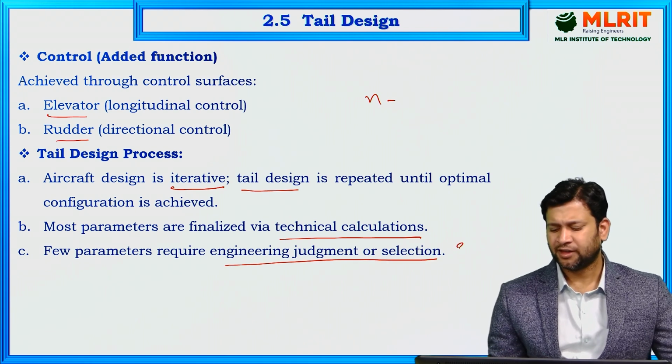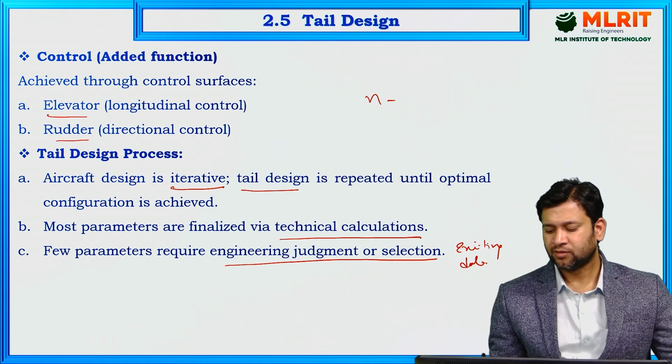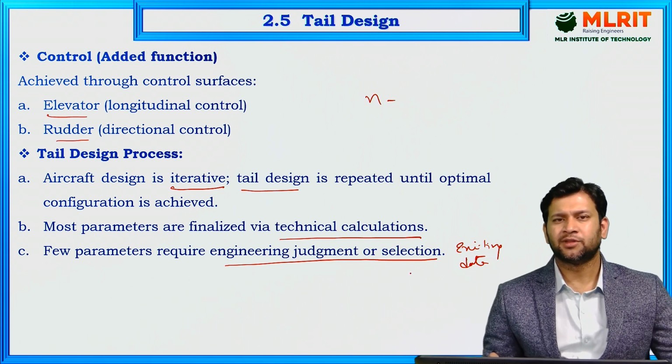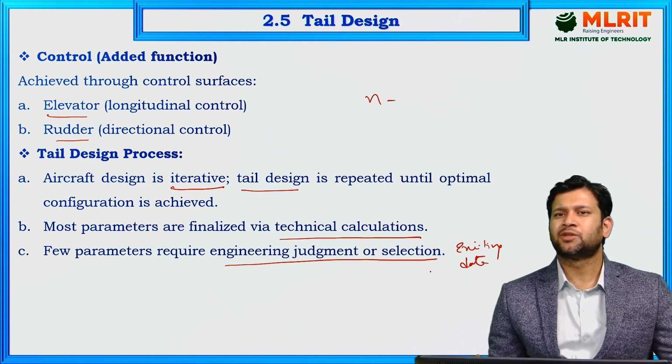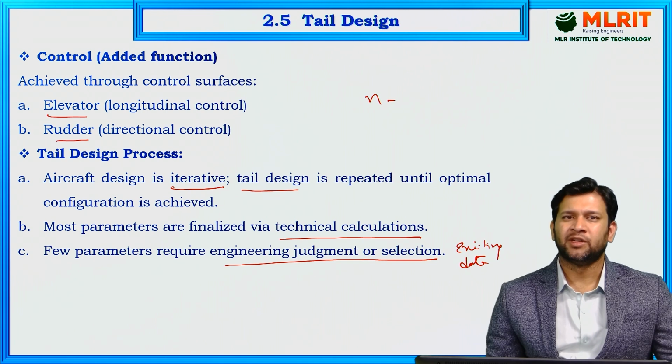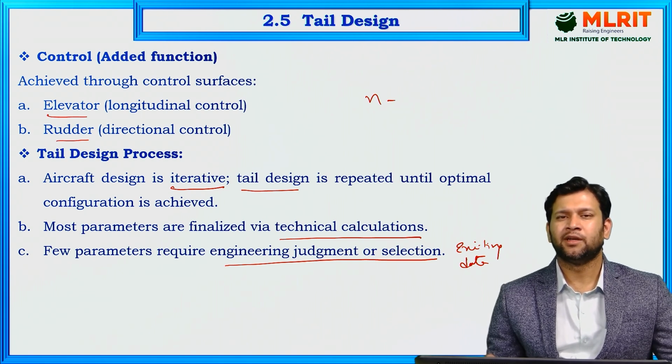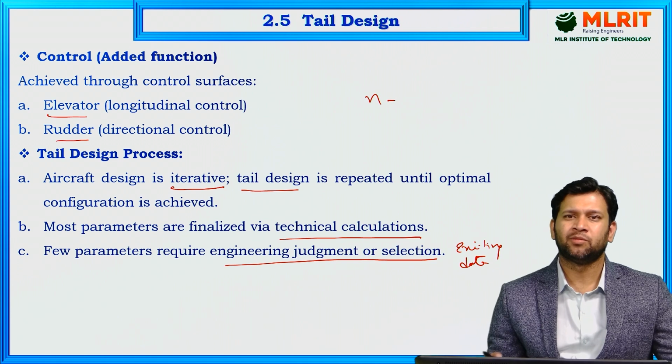These are existing data or historical trends which are available. Based upon these historical trends, we select the best tail for our requirements. Based upon the requirements and the historical trends which are available, based on these two, we'll use it.